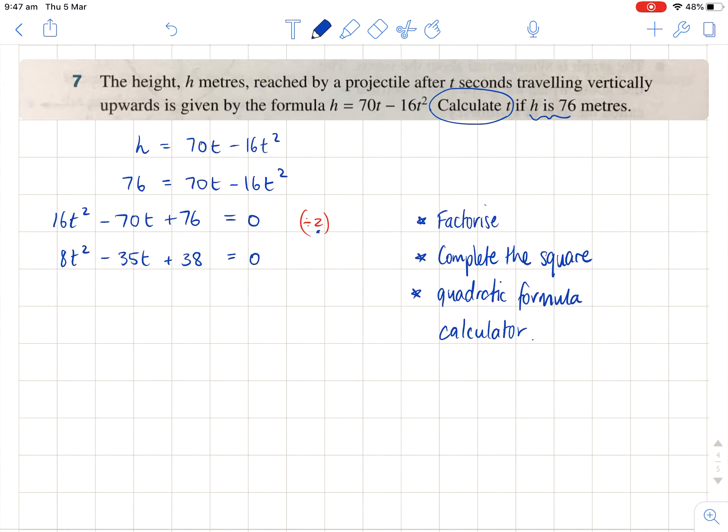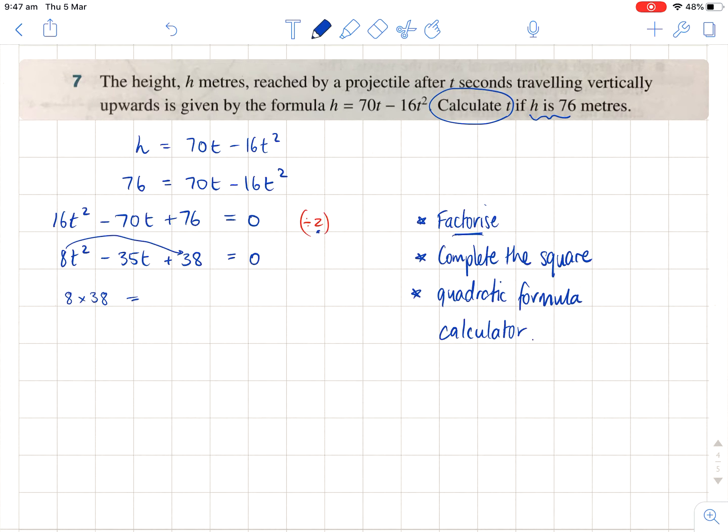So what I'm going to do is look at this equation and try to work out 2 factors that will make it work. Now I've got a shortcut method for doing this, but the one that a lot of students like is they start with 8 times 38. This is going to be big numbers to do by hand, but we'll see how I go.